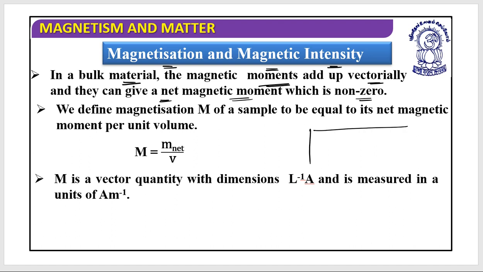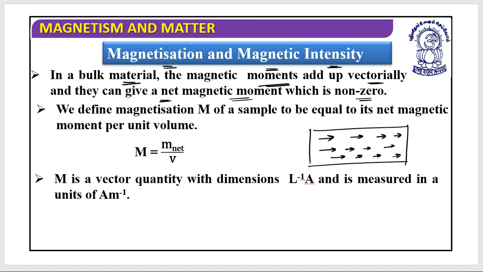Suppose this is a magnet. If we see a microscopic view of this magnet, it is made up of so many tiny magnets, and I have represented their dipole moments.